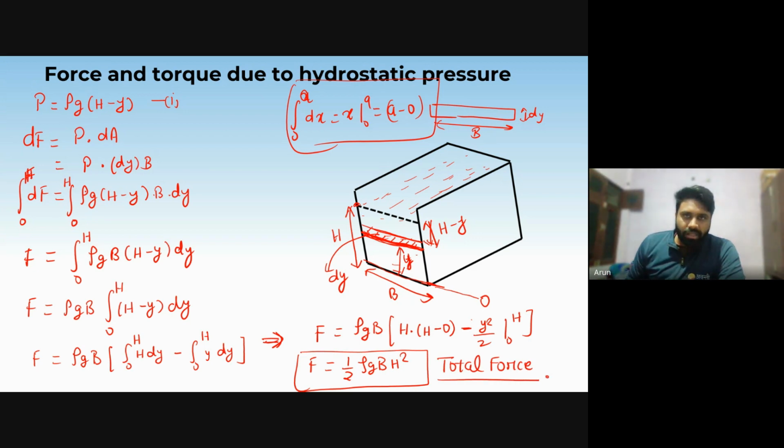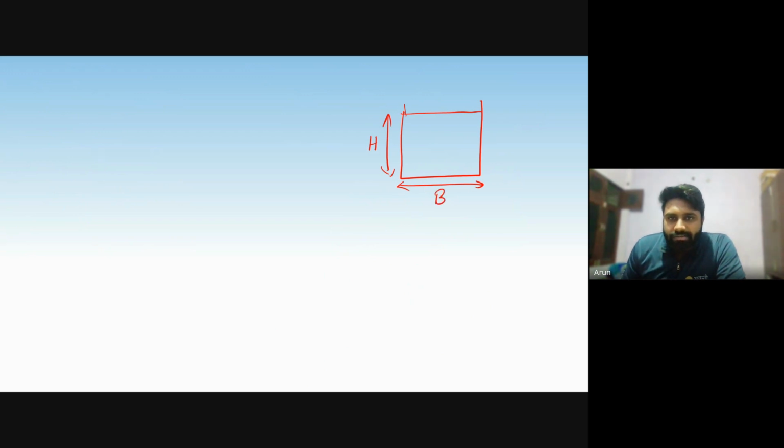Now we will talk about the torque. Up to this height we have filled the liquid of water, which is h, and this width is b. We have considered a strip here of thickness dy.